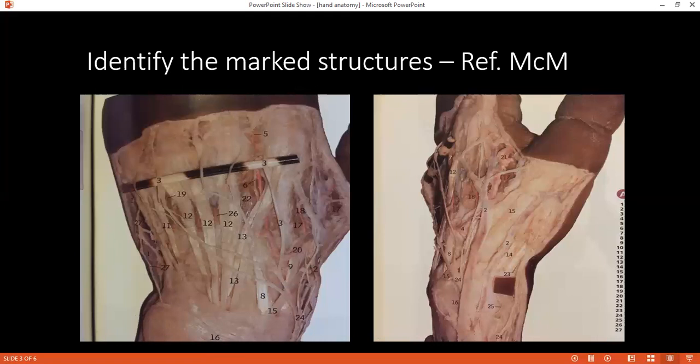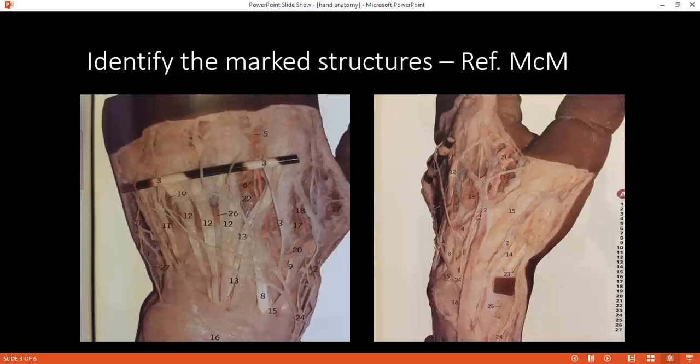What are the structures which pass below the extensor retinaculum? It will be extensor digitorum, extensor carpi radialis longus and brevis, and extensor carpi ulnaris, and it will be the extensor pollicis longus, abductor pollicis longus, extensor pollicis brevis, and extensor digiti minimi.